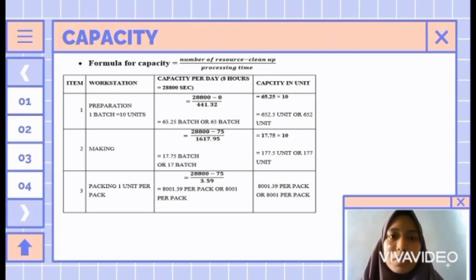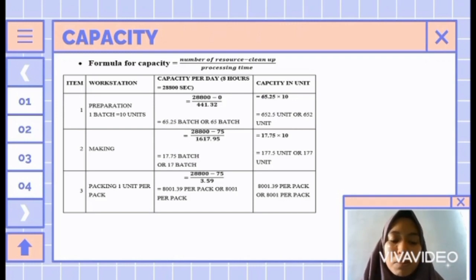To calculate the capacity in unit, the capacity per day needs to be multiplied by batch size, that is 10 units. So the capacity in unit for preparation is 652.5 units or 652 units.